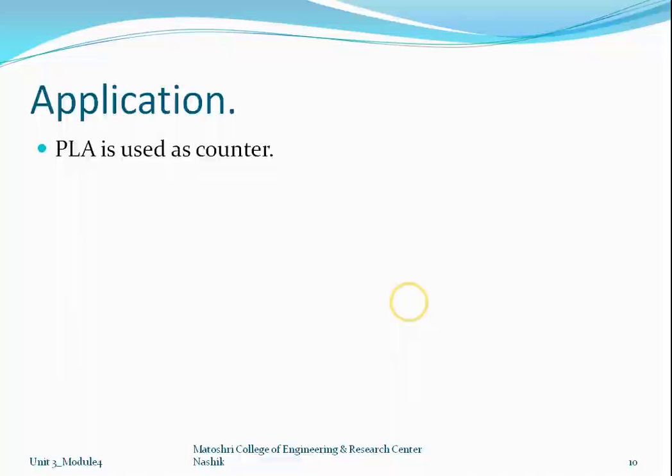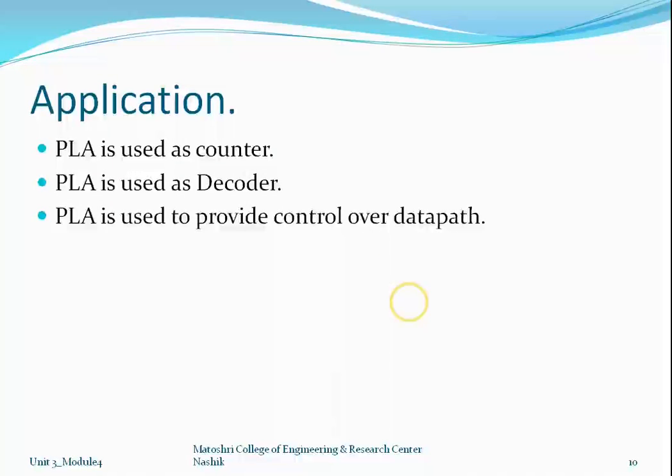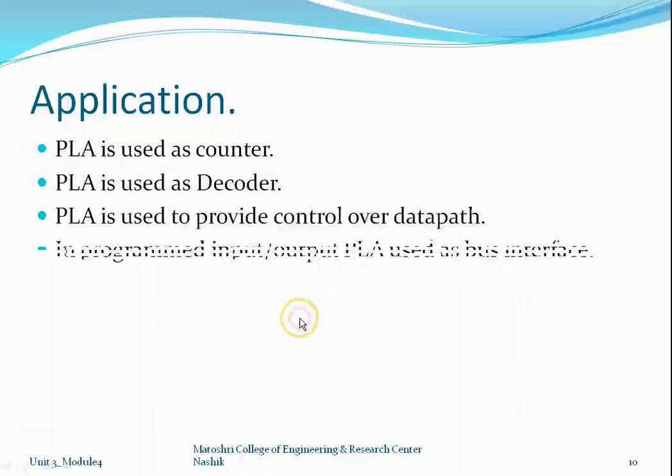PLA is used as a counter, as a decoder, and to provide control over the data path. If there is a data path and we want to control it, then PLA is used. And in the case of programmable input output, PLA is used as a bus interface. Those are the applications of PLA.